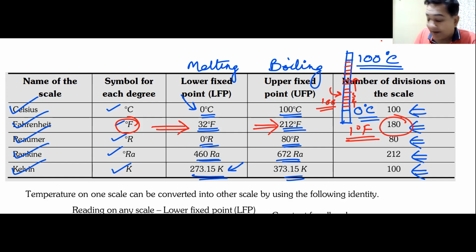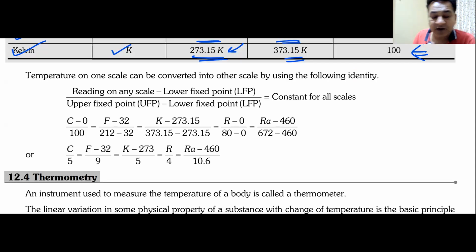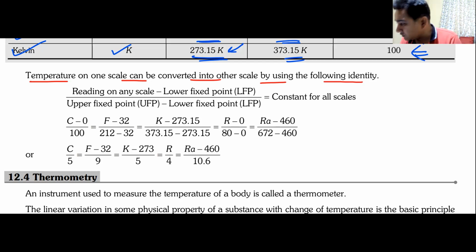And that is why temperature on one scale can be converted into the other scale, because all the scales are based on the same property of the liquid. Mercury is the liquid that is used. The expansion of mercury remains the same. Equal divisions are made.